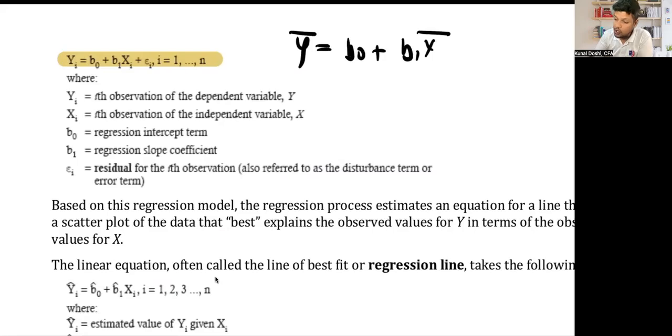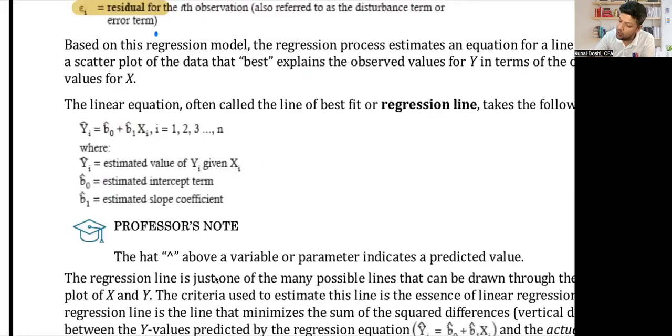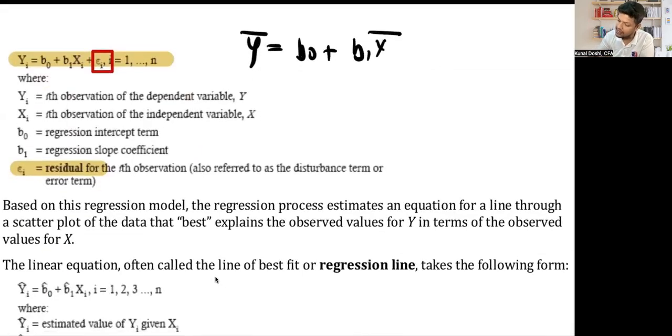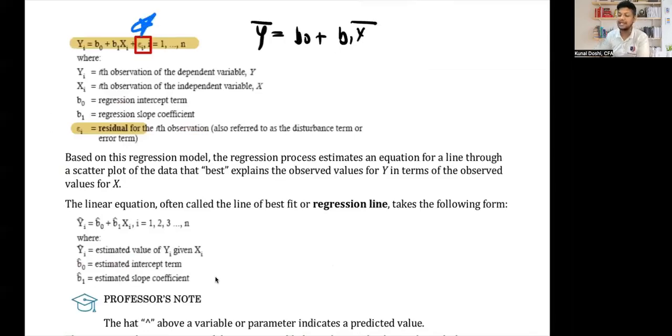But here you will also notice in the equation there is something called E. This E is the most important thing. It is called the error or the residual term. I am going to discuss mostly this error in a moment. Note my words. Our major discussion is going to be about what this error is. Give me some time to come to the discussion of this error.